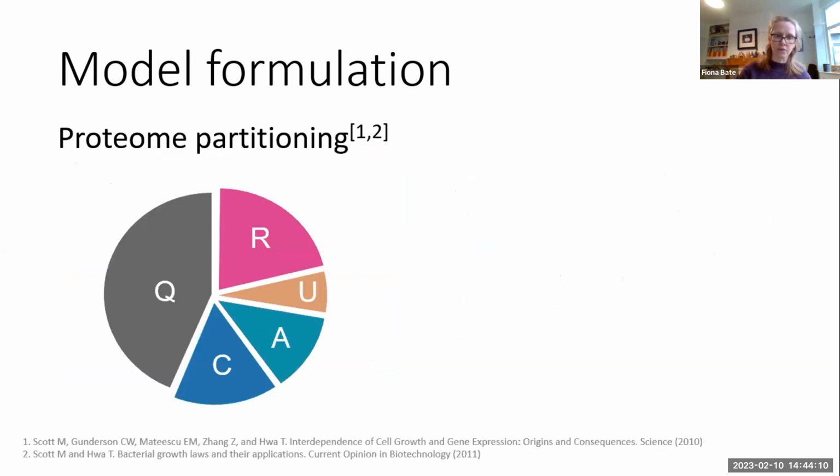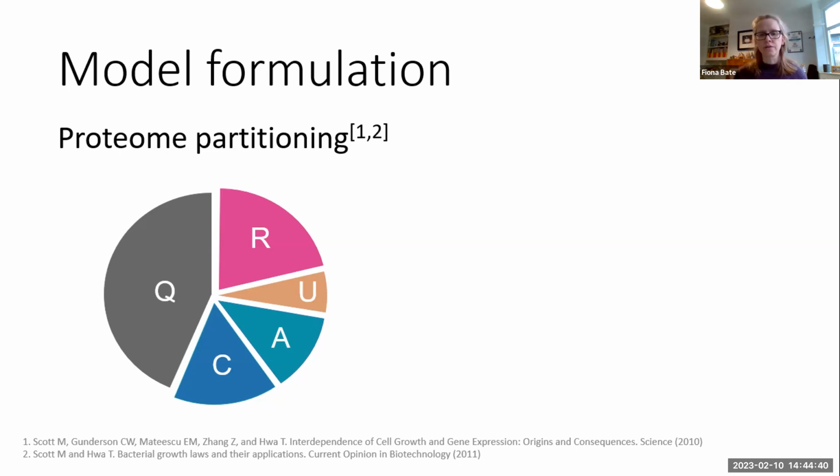Okay, so I'm just going to go into a bit of information about the proteome now. We're using a model of proteome partitioning, which was first published, I think, by Scott et al. in 2010 in a paper in Science. In their model, the proteome is split into different sectors, and each of these sectors is composed of proteins whose expression levels show similar growth rate dependencies.